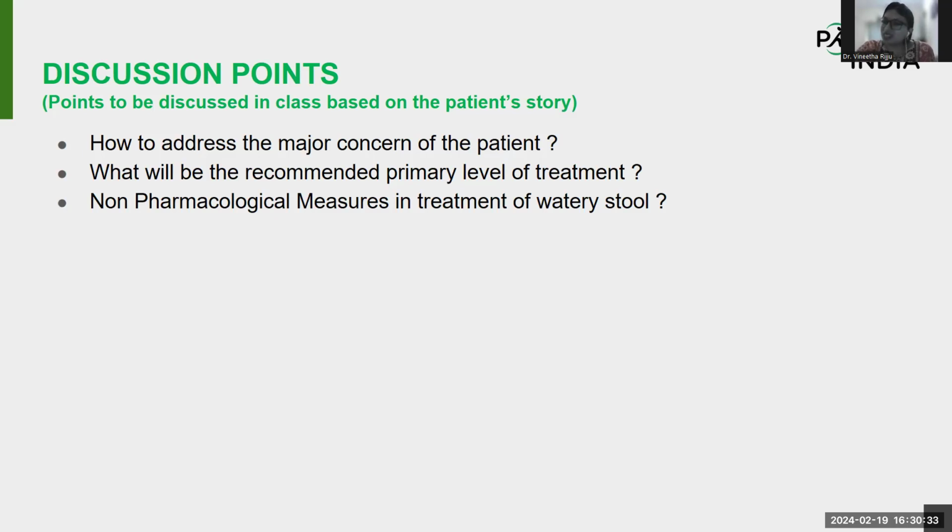All these are anti-secretory and constipatory. They help to bring down the secretions and induce constipation. So that can be tried also at home. So these are generally what I could think of.